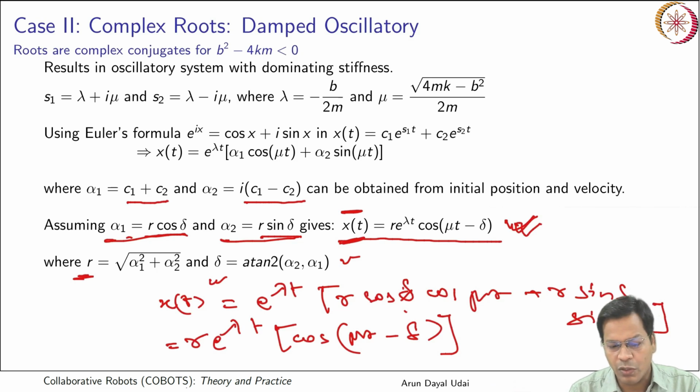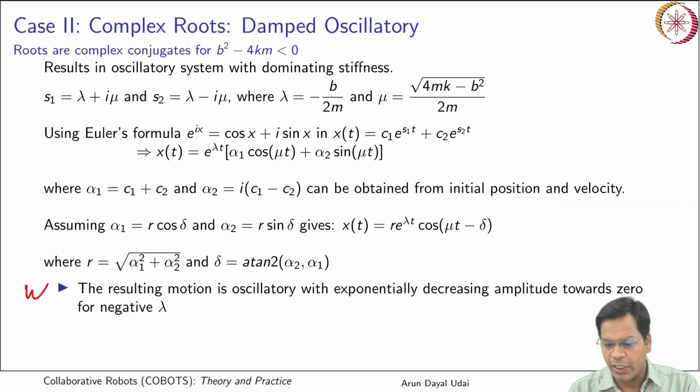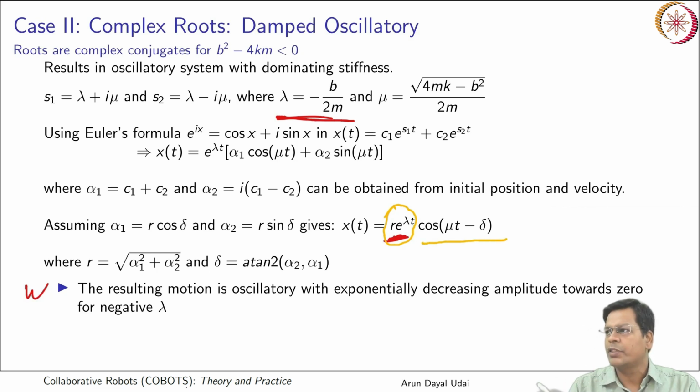You already know how your roots are. Your roots are nothing but complex conjugates. The motion is oscillatory with exponentially decreasing amplitude. This part is a constant, but it is multiplied by e to the power lambda t, and lambda is negative. So the amplitude decreases exponentially, and this creates the oscillatory behavior.